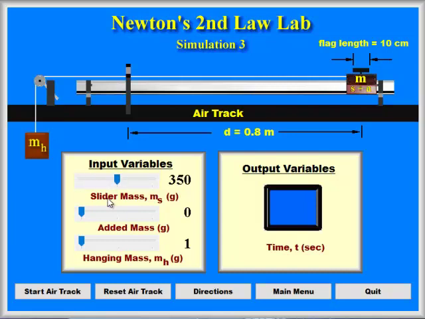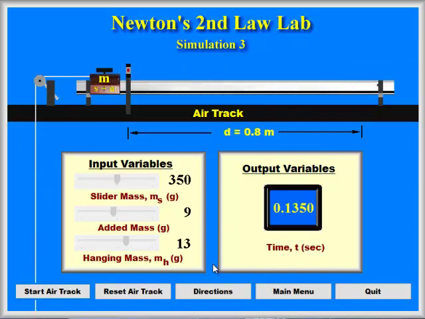Here we can change both the slider mass, the added mass, and the hanging mass, and this has to be done in such a way that, of course, they're balanced, that as you change it, you keep the slider mass and the hanging mass the same between the hanging mass and the accelerated mass.